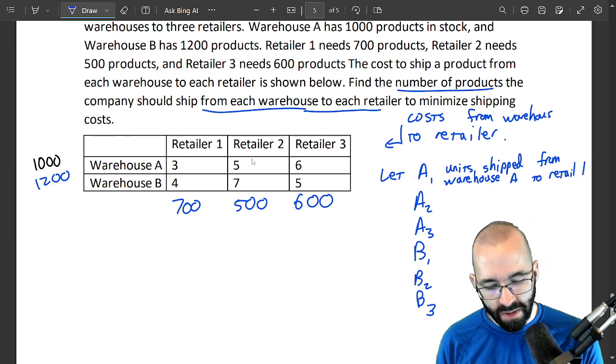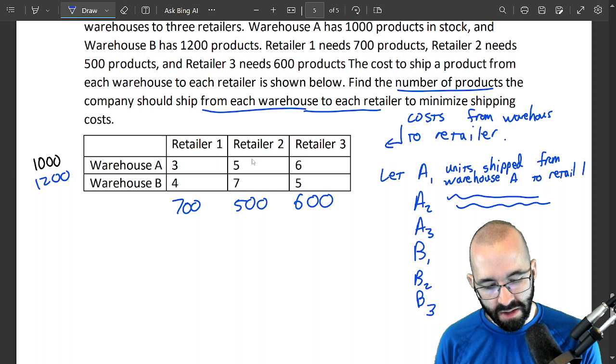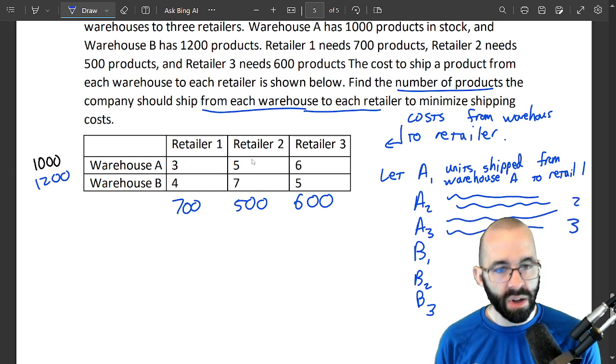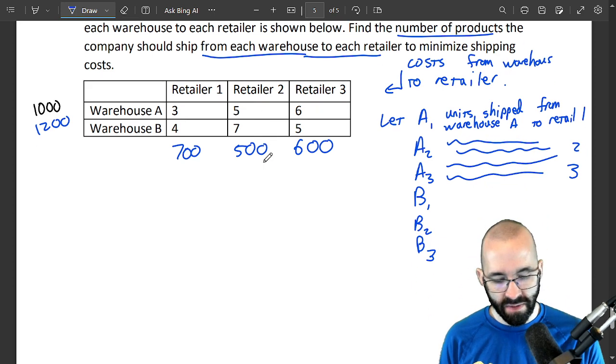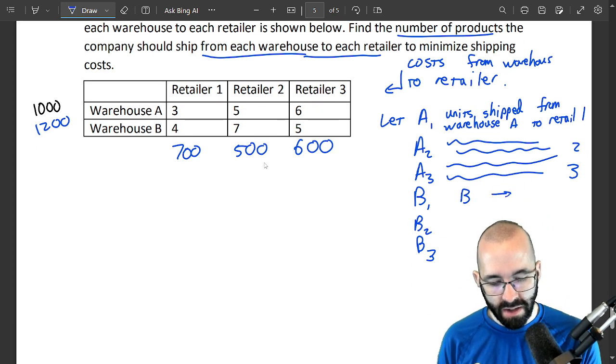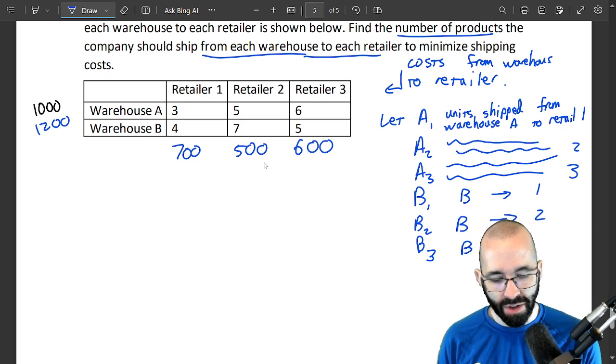And then A2 will be shipped from warehouse A to retailer 2, and then shipped from warehouse A to retailer 3, and so on, right? This is warehouse B to retailer 1, warehouse B to retailer 2, and warehouse B to retailer 3.